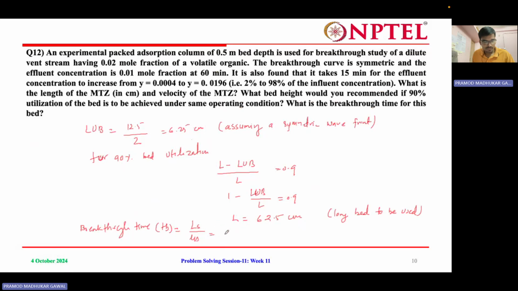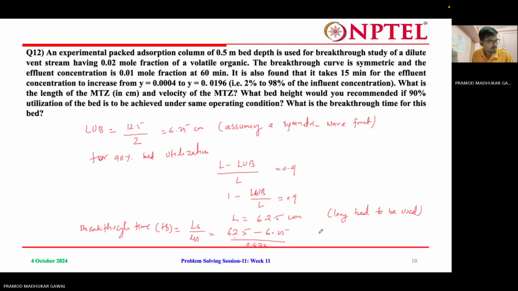So 62.5 minus the length of unused bed 6.25, divided by velocity 0.833.